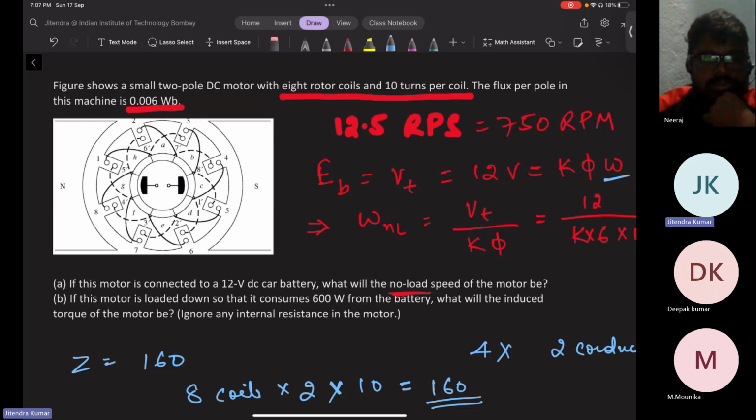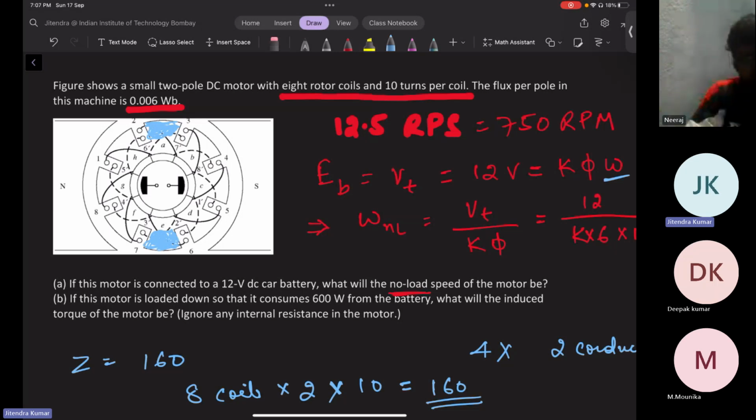At any point of time, you can see these two armature poles are not under the influence of your magnetic field.